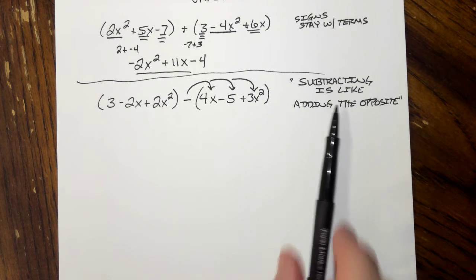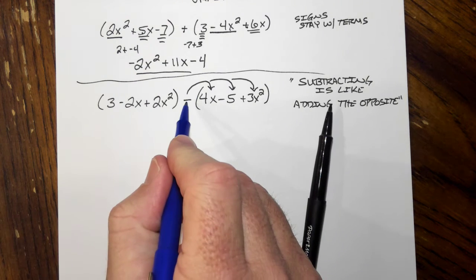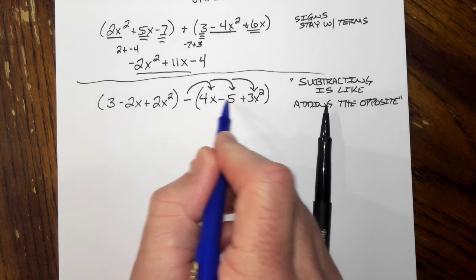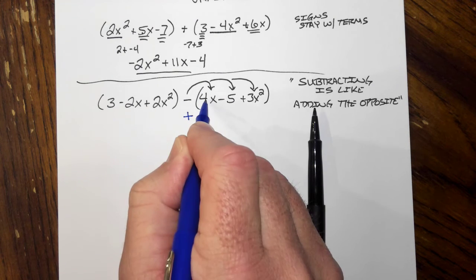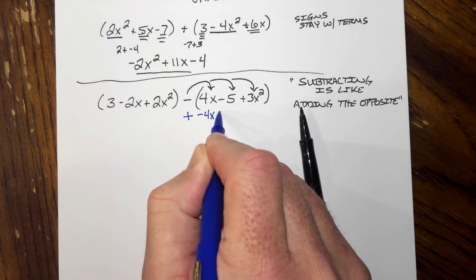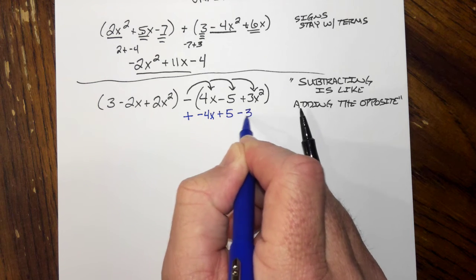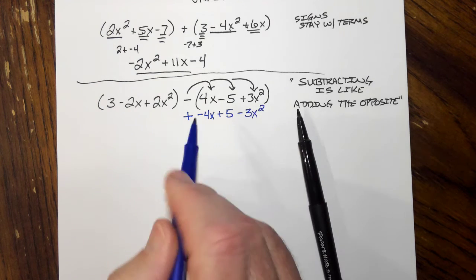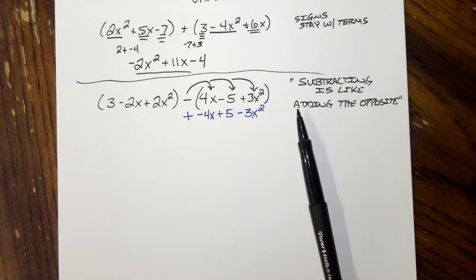Other people, subtracting is like adding the opposite. So, subtracting this, this, and this is the same as adding opposite, opposite, and opposite. Adding the opposite of those, everything behind the minus sign. So now what do we do?